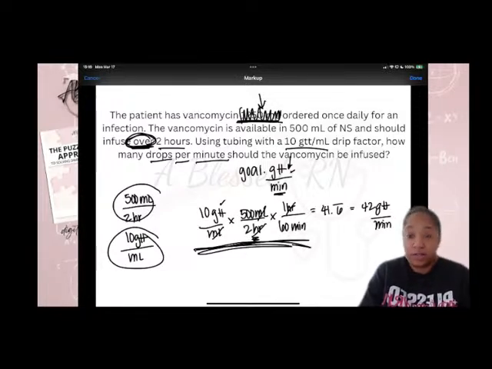If you want to change your hours into minutes, that's fine, but that's just an extra step. So whatever you're comfortable with, just as long as you got drops on the top and minutes on the bottom. But with this way, you can see that you've taken care of every single aspect and everything is canceled out.